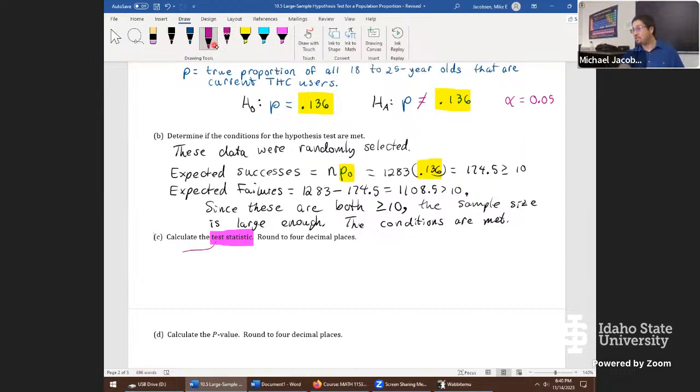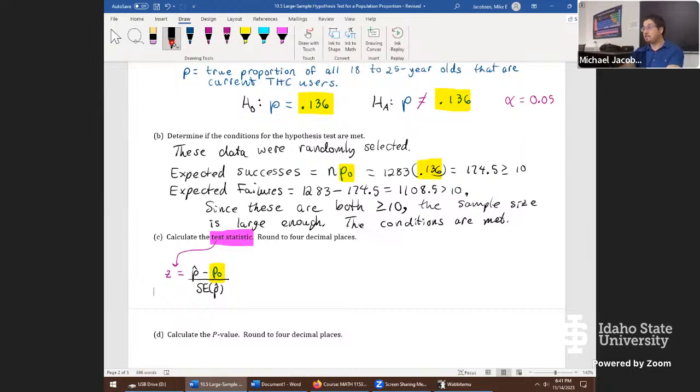We just have to know that when you see that, it's referring to Z equals P hat minus P naught and divide that whole thing by the standard error of P hat.